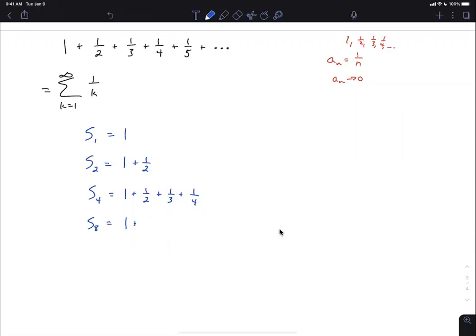And so S8 is 1 plus a half plus a third plus a fourth plus a fifth plus a sixth plus a seventh plus an eighth. And then I'm going to put one more on the screen. I'm going to put S16 on the screen. And that's 1 plus a half plus a third plus a fourth plus a fifth, sixth, seventh, and eighth plus 9, 10, 11, 12, 13, 14, 15, 16.